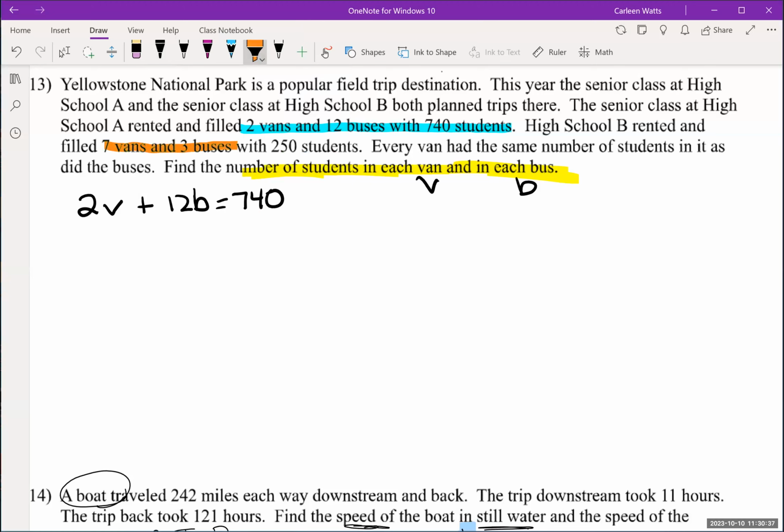Seven vans and 3 buses, 250 students. 7 vans plus 3 buses gave us 250 students.